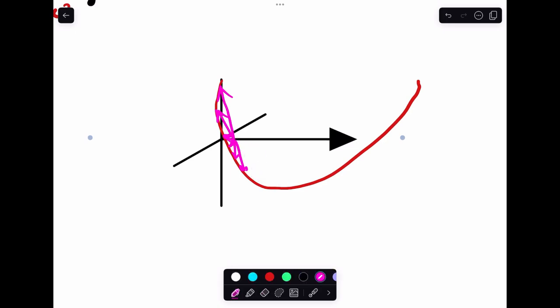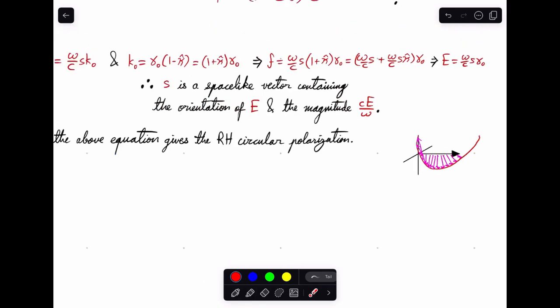It's kind of hard to tell, and kind of hard to draw too. I'm not the best artist, but this is rotating around, so it's corkscrewing. So it's basically just corkscrewing around this axis. It's going like that, and it's going right-handed, so it's turning this way. If your thumb goes in the direction of propagation, then the field is turning in the direction of the curl of your fingers. So that's right-handed polarization.